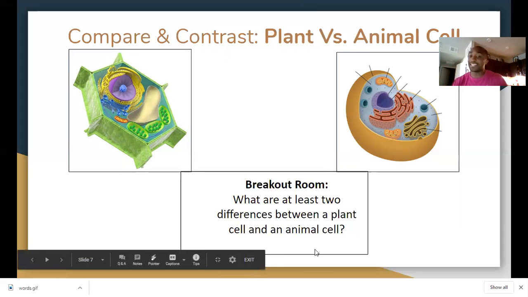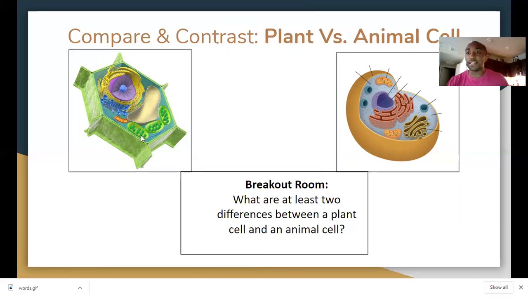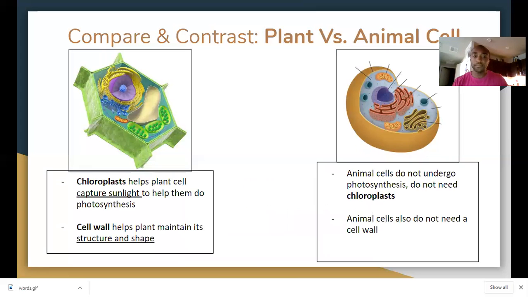So what are at least two differences between a plant and animal cell? A plant cell needs the chloroplast to capture sunlight and needs a cell wall to maintain its structure. Animal cells do not need a cell wall. They actually have bones to keep their structure.